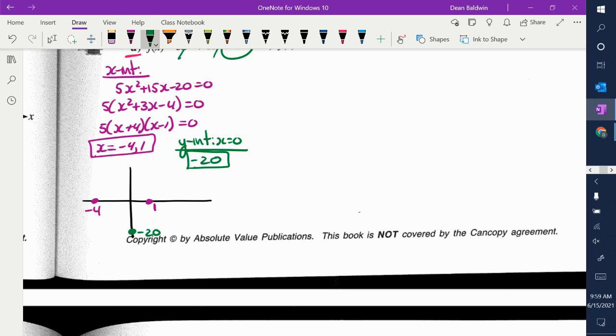What is the shape of a quadratic graph, quadratic equation? It's a parabola. It looks like that, right? They always look like that. So there's a general quick sketch of the graph. All right. Is that okay?